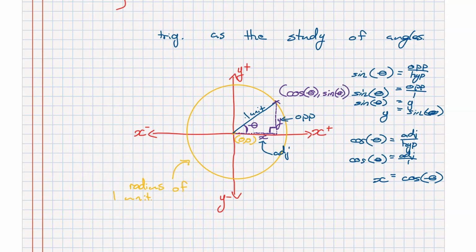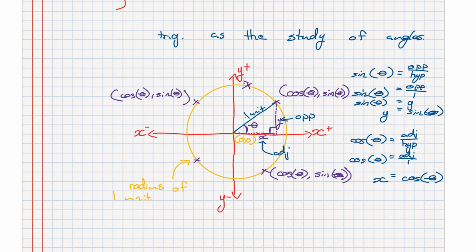So for any point along this unit circle, so here, here, here, or here, the point can be explained in terms of cosine theta and sine of theta as such. So over here as well.